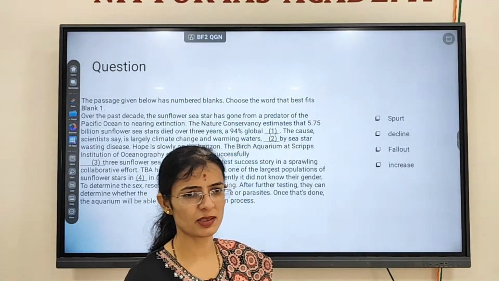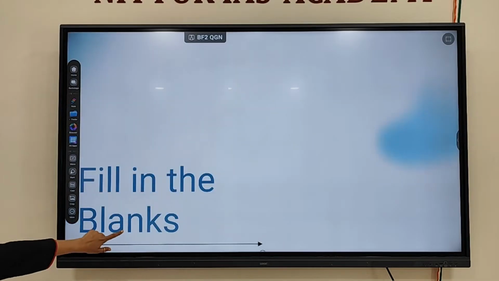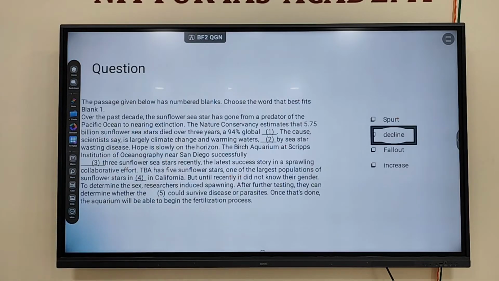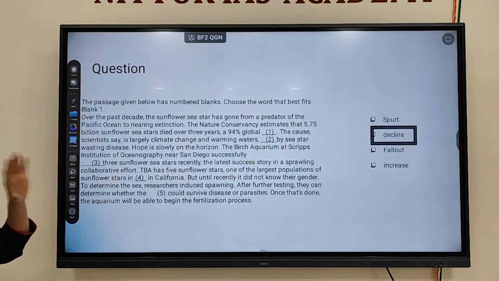It could be something else. Maybe increase, maybe decline. What do you think of decline? Successfully decline 3 sunflower stars recently, the latest success story in sprawling. So decline.